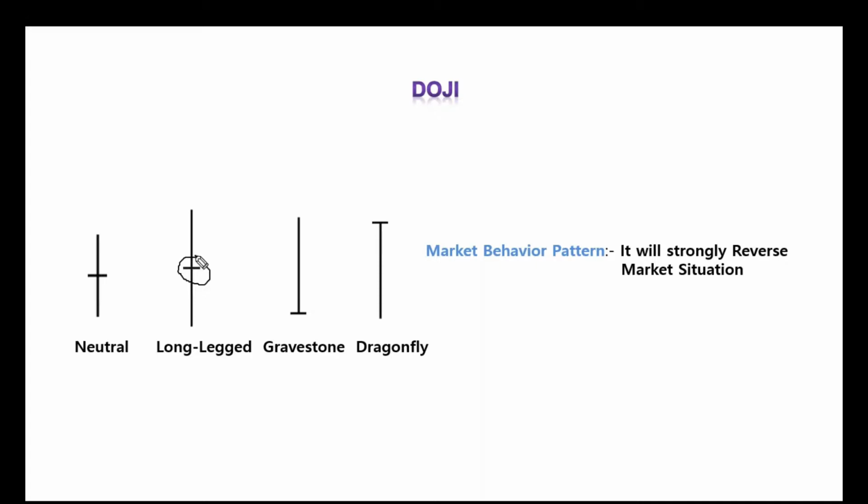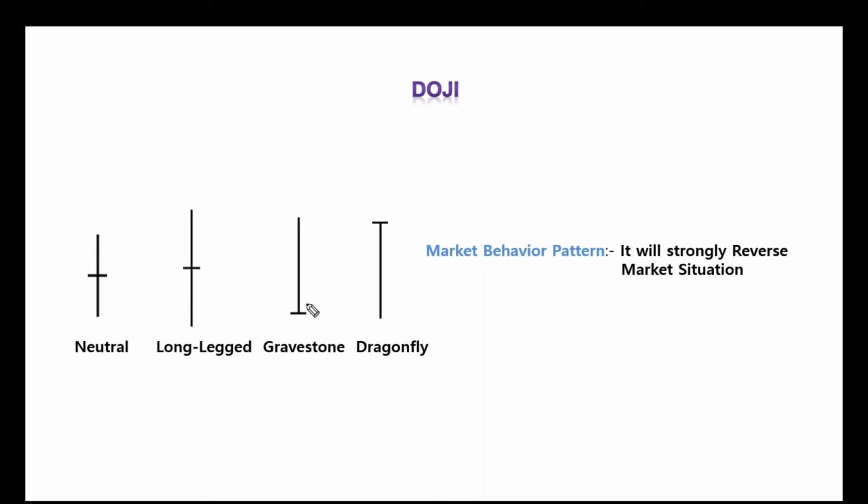But the suggestion is don't enter the market, because the market itself is very confused about the trend. It can be upside or it can be downside, but no one knows, because the long-legged doji is a highly uncertain condition of the market. If it arises in the market, the long-term outlook is very doubtful. So the suggestion is don't enter the market.